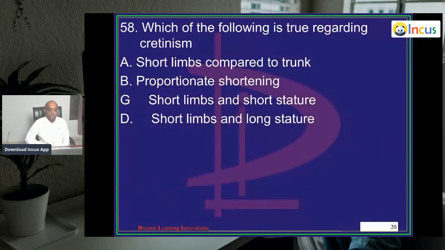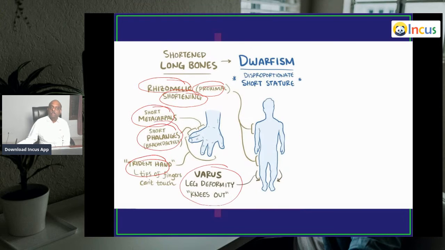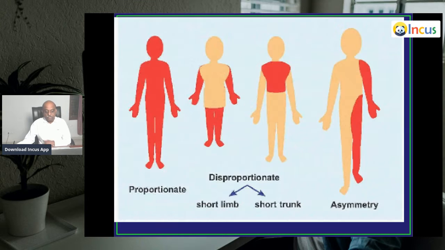Very good. What is true about cretinism? In cretinism, there are short limbs, short stature. So typically dwarfism is divided into proportionate and disproportionate dwarfism. Whenever the proximal part is shortening, it is rhizomelic. There can be short metacarpal, short phalanx, trident hand, varus deformity, shortened long bones, anything.